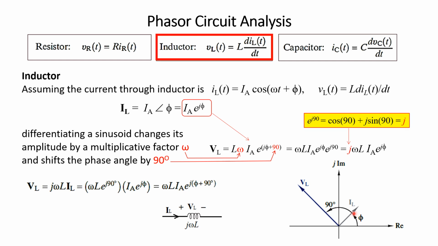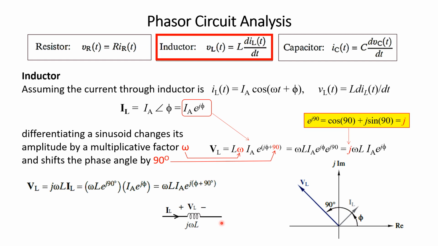So whatever the angle of the current, 90 degrees will be added to it. We see that the phase angle between the current and the voltage in the case of an inductor is 90 degrees, and in a capacitor, we will see that it is minus 90 degrees.